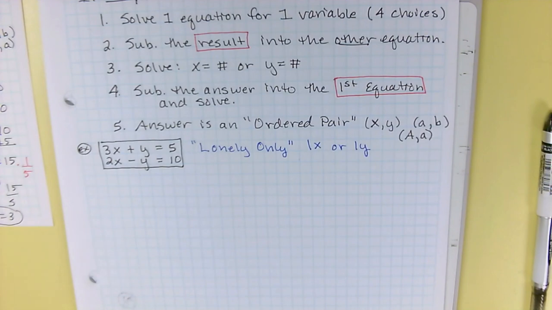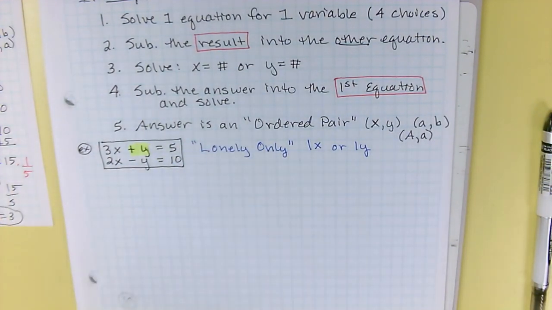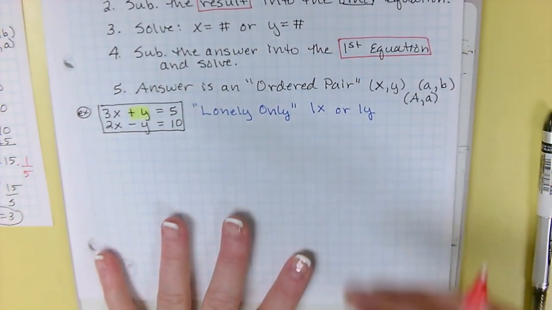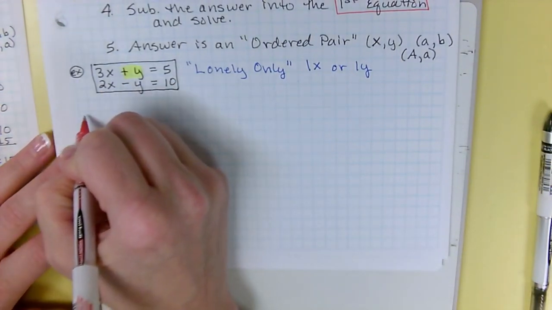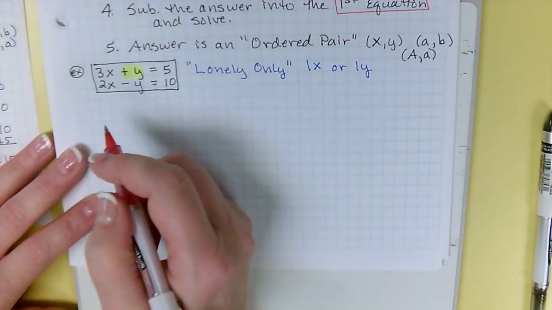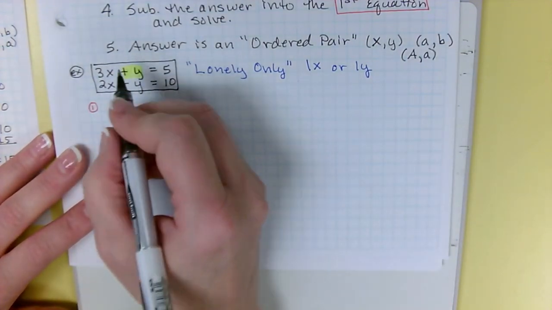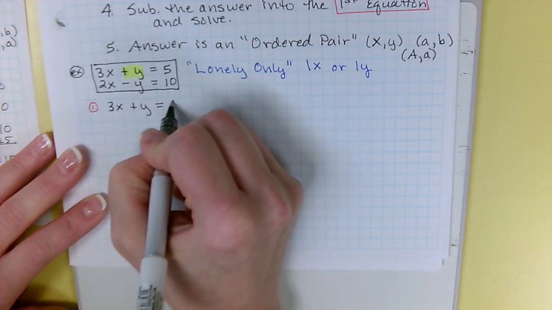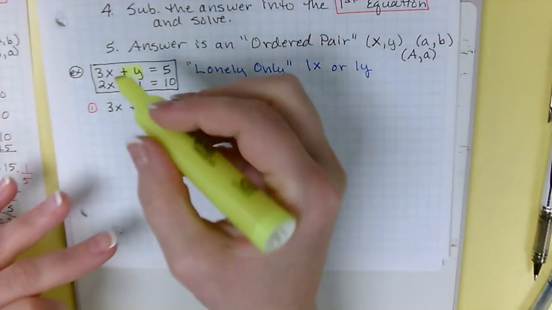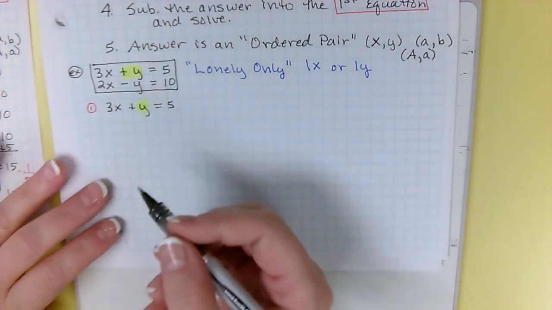So out of those 4 choices, I'm going to start with the plus y. That's the lonely only. Once you've figured out which equation you're going to use, we're going to write that one down, and I'm going to put the step numbers next to it so you know what step we're talking about. So step 1 is solve one equation for one variable. So rewrite 3x plus y equals 5. And you did this when we were graphing. You solved for y, so this is pretty easy.